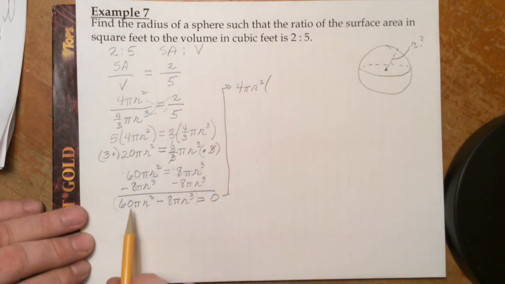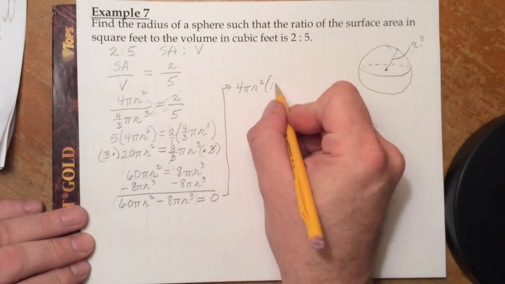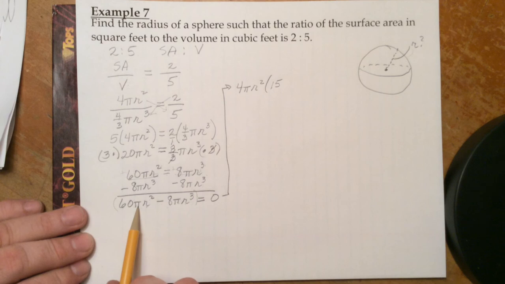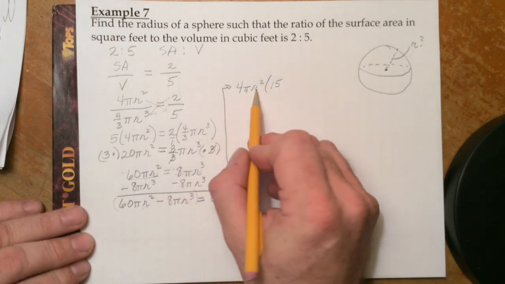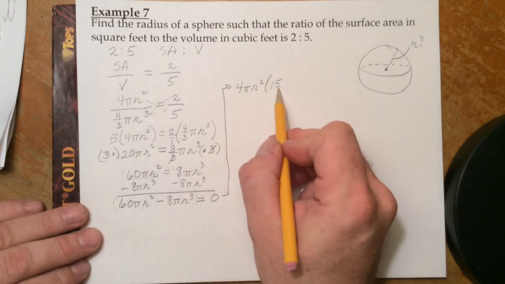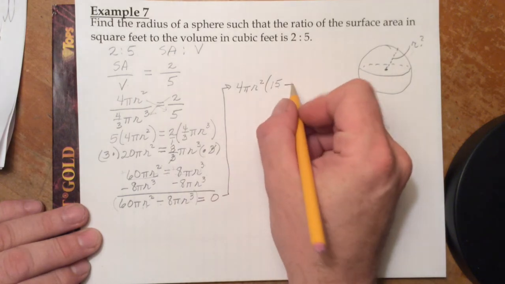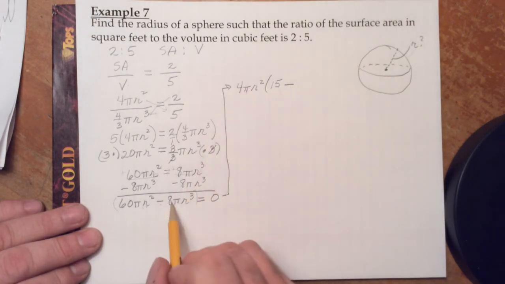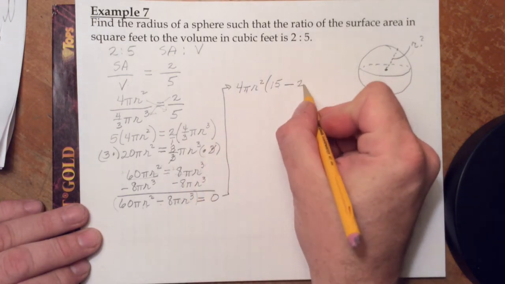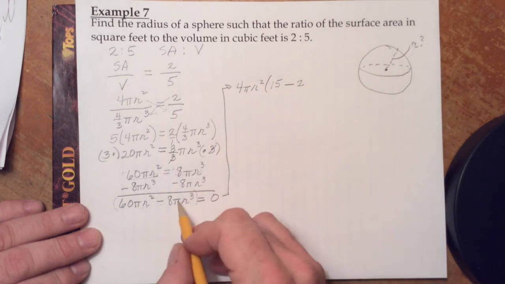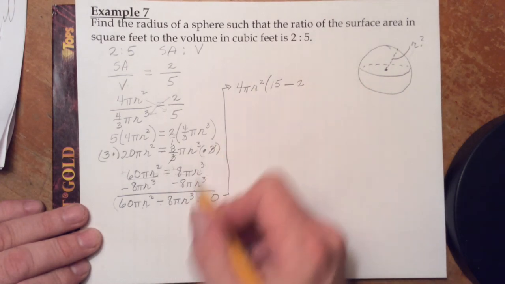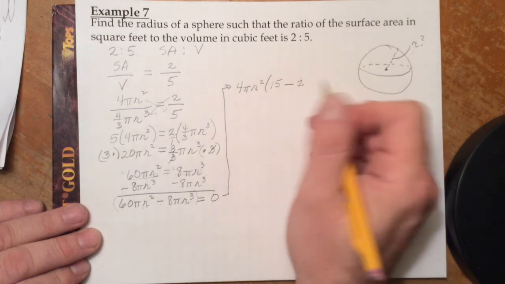Now let's see what we have left. We factored out a 4 from 60. We've got 15 left. And we've already factored out the pi, and both are factors. So just 15 minus, and when we factored out a 4 from this term, we have 2 left. But we factored out a pi, but we still have one r factor left. There's r cubed here, r squared that we factored out.